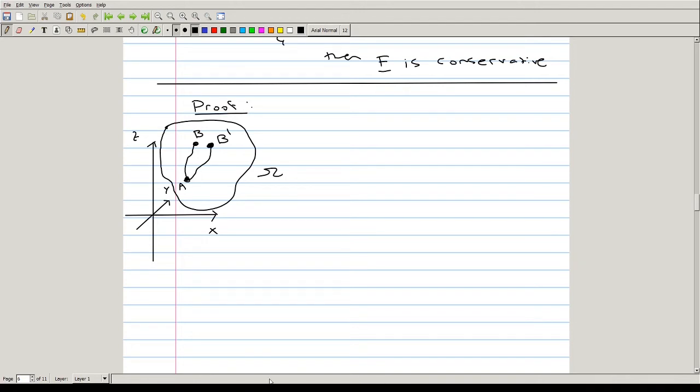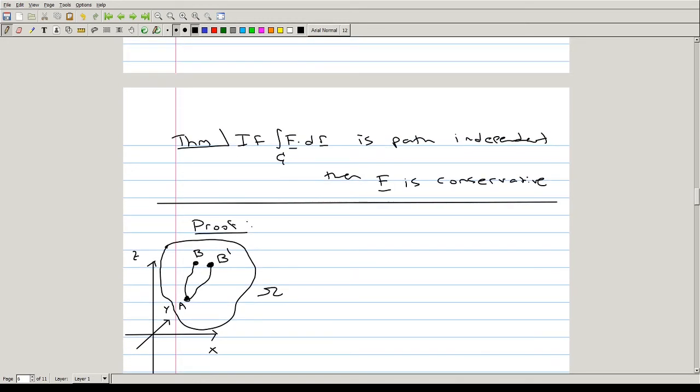And this proof is going to rely on exactly this idea. So we want to first start off by making our first assumption, which is that I assume the line integral of f dot dr is path independent.